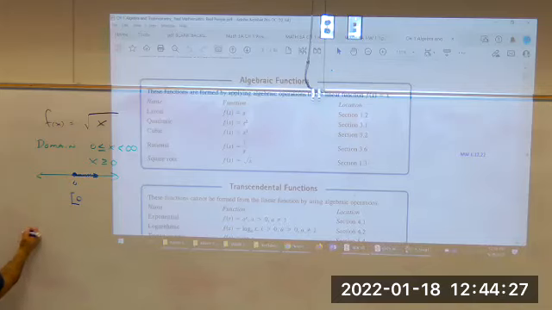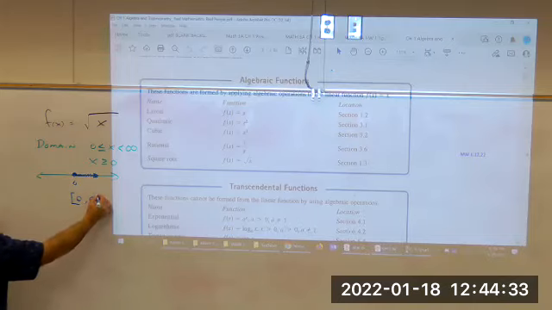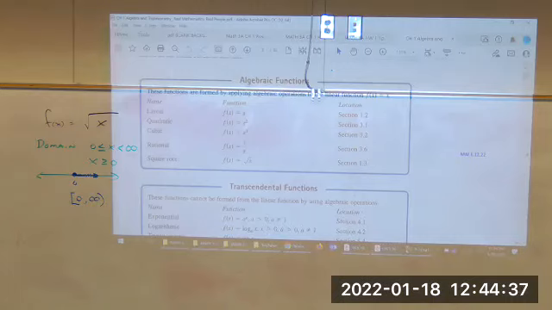So it's a bracket from 0 and it goes all the way to infinity. Infinity is always parentheses. When it doesn't equal something, or in this case, infinity, it cannot equal something, it's a parenthesis. So that is the interval notation for this inequality notation.